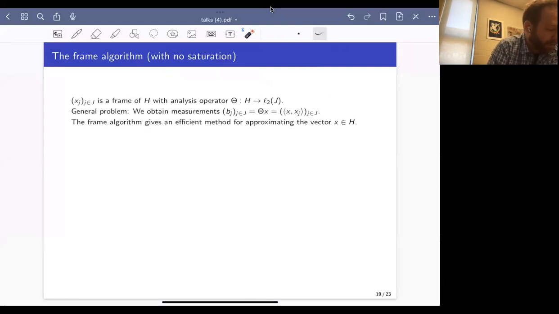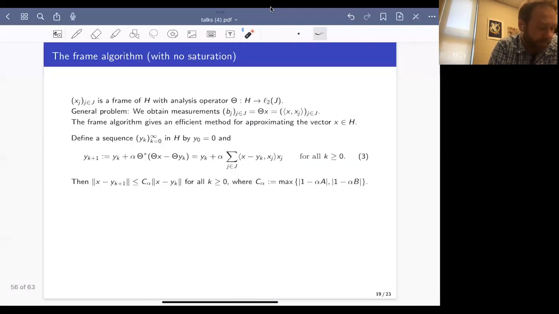So let's discuss the frame algorithm with the case where you have no saturation. So we have a frame with some analysis operator, and I look at the frame coefficients. The frame algorithm gives an efficient method for finding the vector x with those frame coefficients.